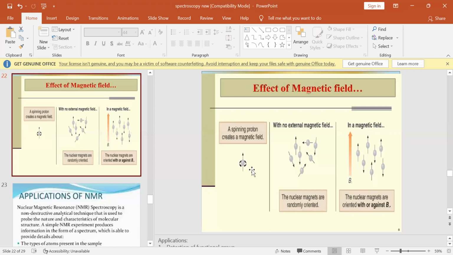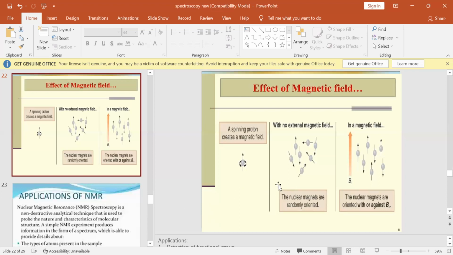The next possibility is that one of the atomic number and mass number is odd and the other is even, or vice versa. In both cases, the I value is not equal to 0. That indicates that such atoms will have spin. So first we will take such atoms whose I value is not equal to 0.